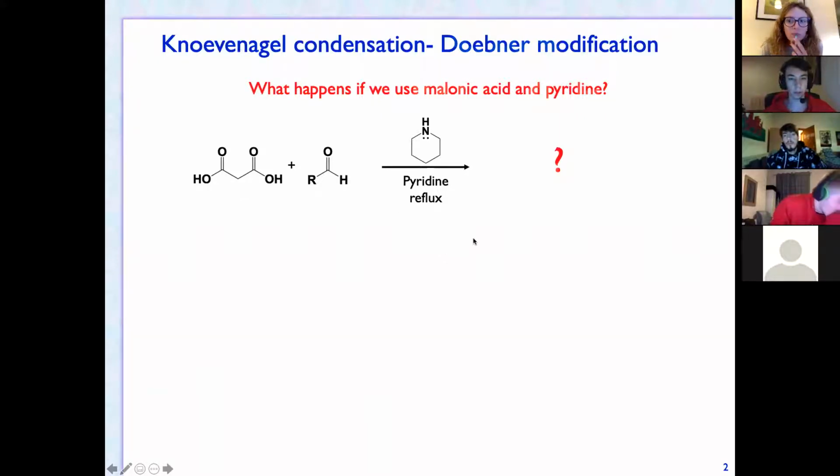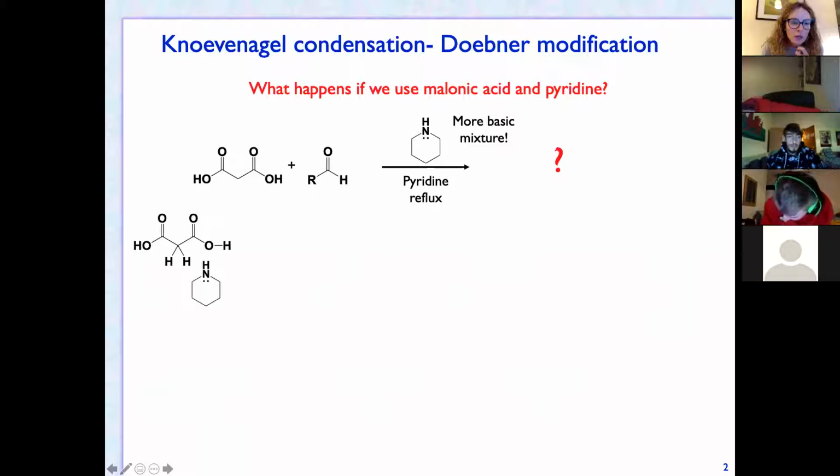Will pyridine go for the carboxylic acid proton rather than the alpha proton first? Okay, well, we definitely have a more basic mixture, yes. So I agree that we will remove one of the carboxylic acid protons. Will CO2 be released instead?